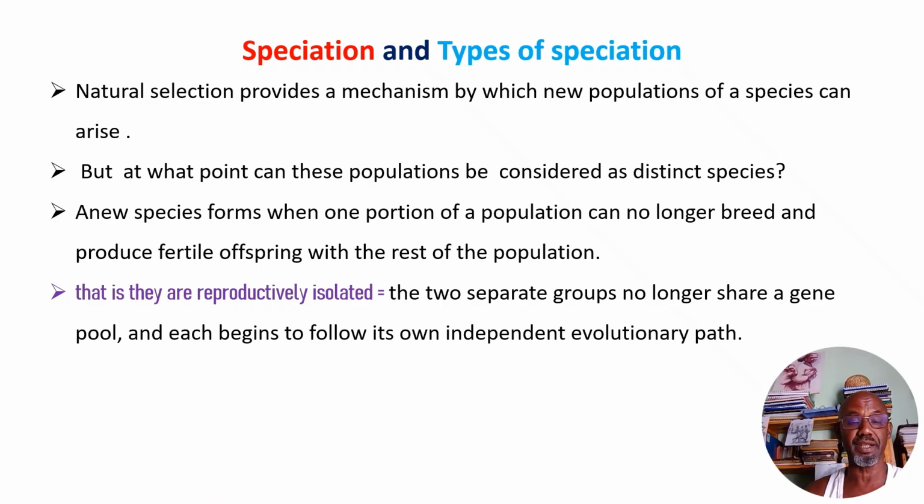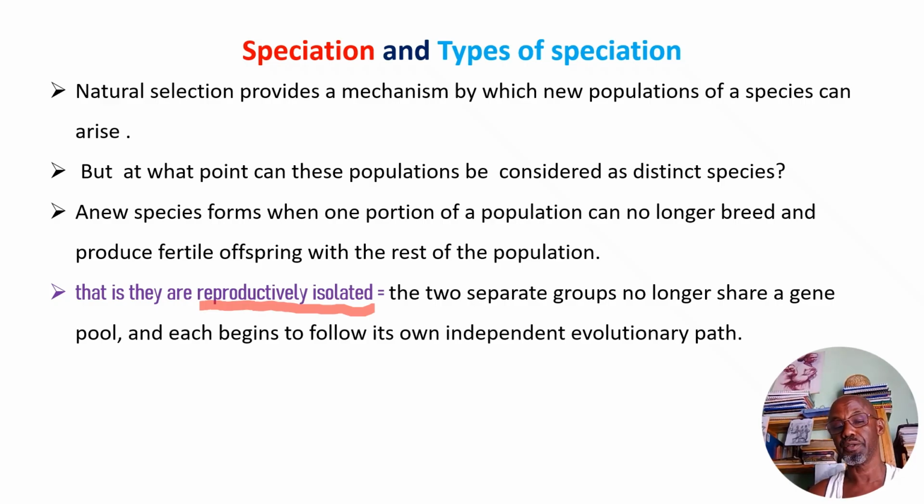Underline this very important phrase: reproductive isolation. When two species are reproductively isolated, we can say they have become two different species. The two separate groups no longer share a gene pool, and each begins to follow its own independent evolutionary path.